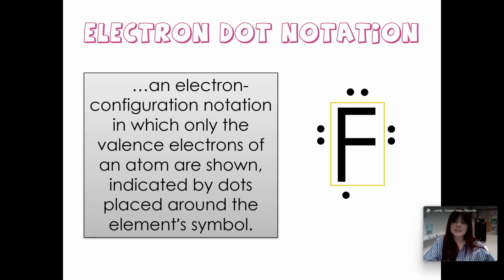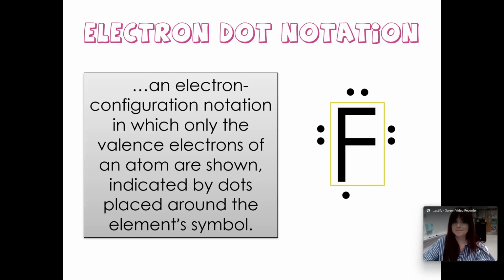So this is the electron dot notation for fluorine. And like I said, it doesn't matter where you start as long as it has those 7 dots around it, 3 of which are in pairs. So this is a pair, this is a pair, and this is a pair, and then I have 1 single electron that's left unpaired. This is a pretty easy concept, so let's just jump right into sample problem 1.